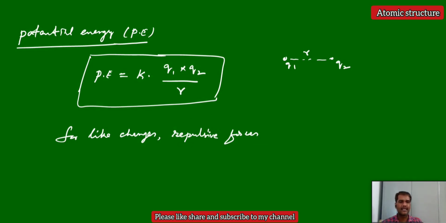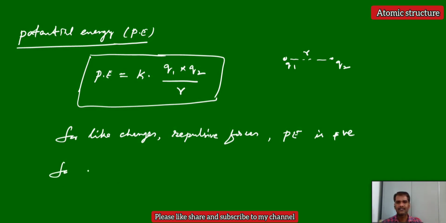They will increase the energy of the system. Generally, attractions decrease the energy and repulsions increase the energy. So if both have charges q1, q2 that are either positive or negative, the potential energy will increase. So the potential energy in that case is positive when both have similar charges.